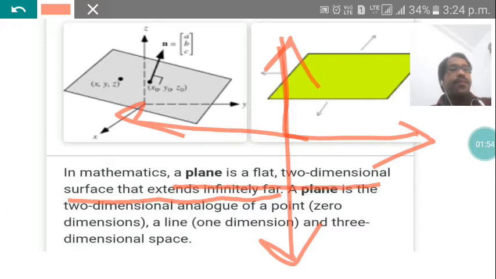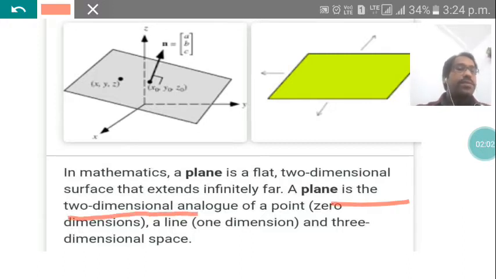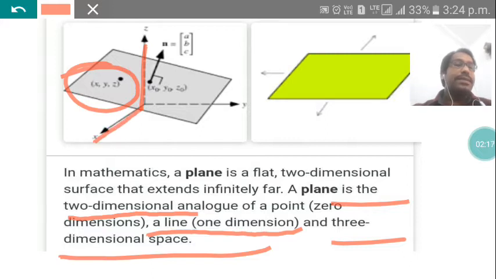A plane can be two-dimensional, it can be a line, meaning one dimensional, or it can be three-dimensional, meaning x, y, and z. Here the x, y, and z axes are given.